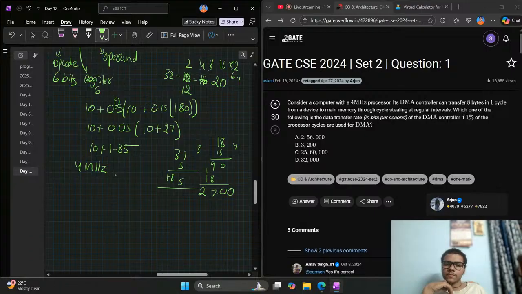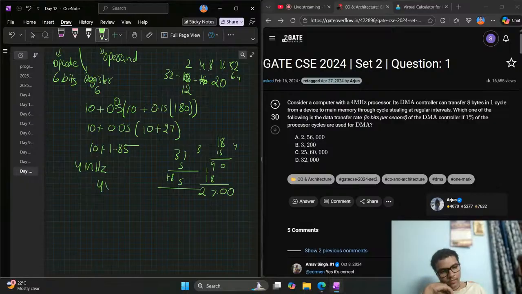So 4 into 10 power 6 per second. The DMA controller transfers 8 bytes per cycle. Which one of the following is the data transfer rate of the DMA if 1% of the processor cycles are used for DMA?